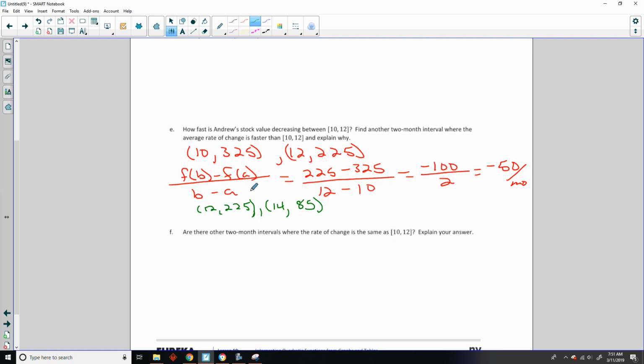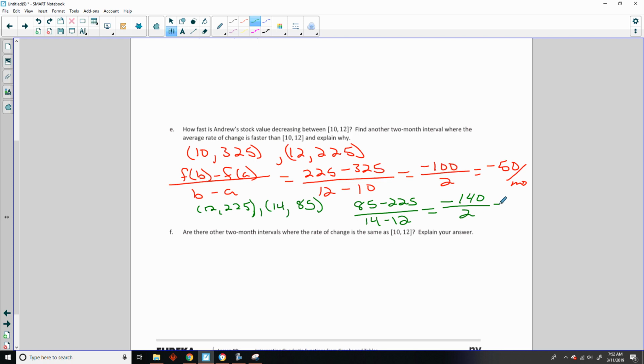So again, if I do the f of b minus f of a, that'd be 85 minus 225 divided by b minus a, which equals, hey Siri, what's 85 minus 225? 85 minus 225 is negative 140.